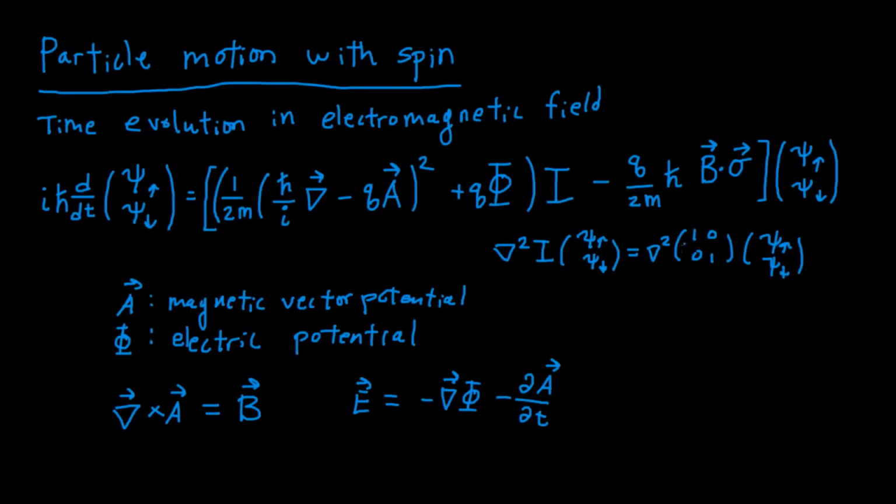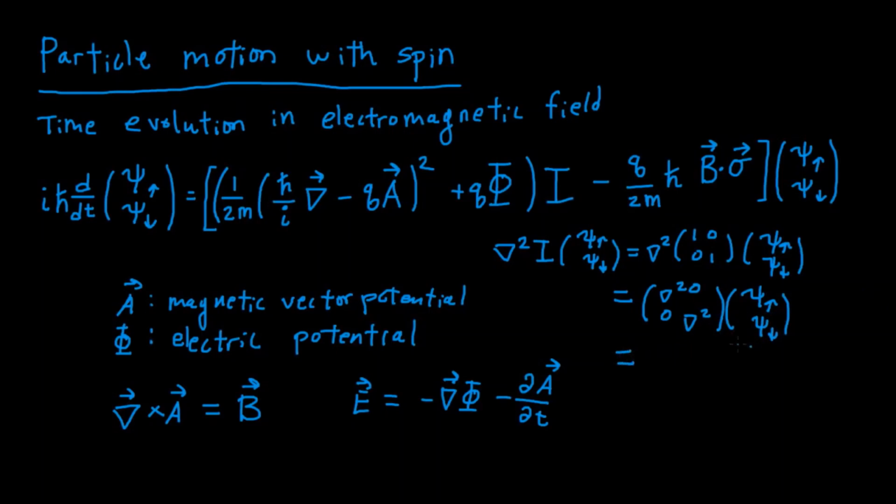Here we're thinking of del squared as in some sense a scalar which multiplies this matrix. So this would then be equal to the matrix del squared, 0, 0, del squared, acting on the spin up and spin down functions.